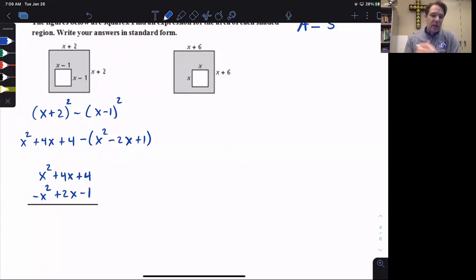X squared minus x squared, that goes away. 4x plus 2x is 6x. 4 minus 1 is 3. And this is the area. Technically, I should be writing units squared, I guess.